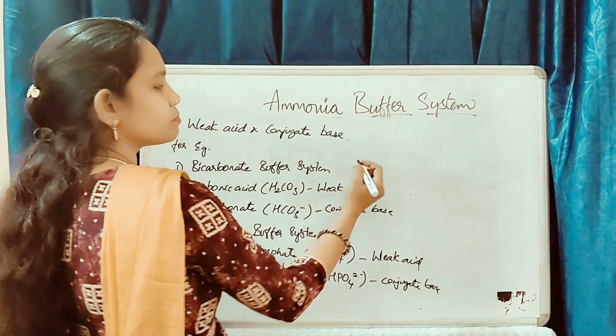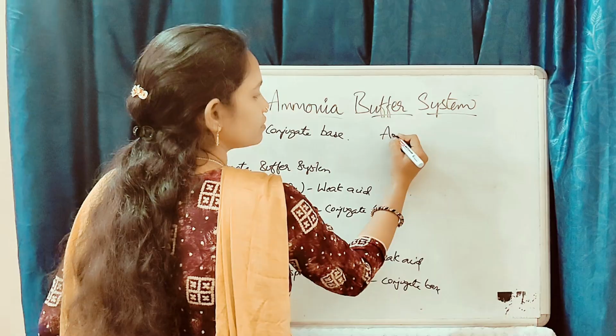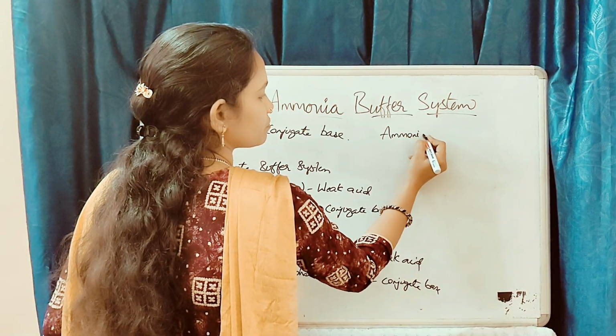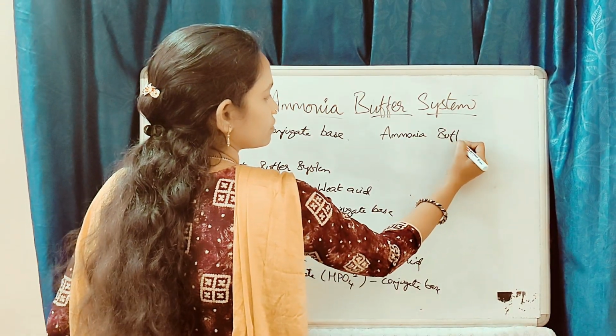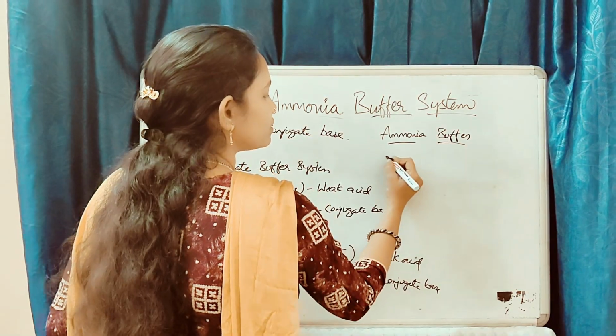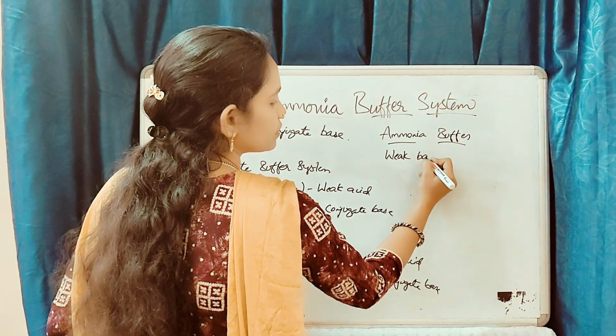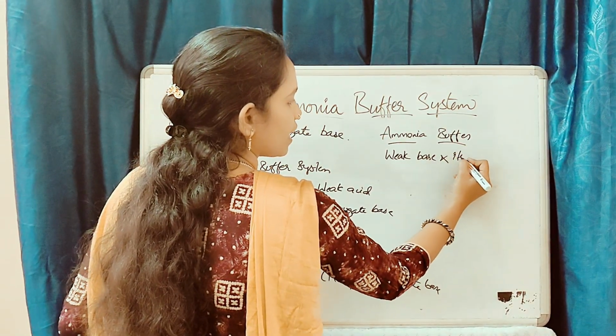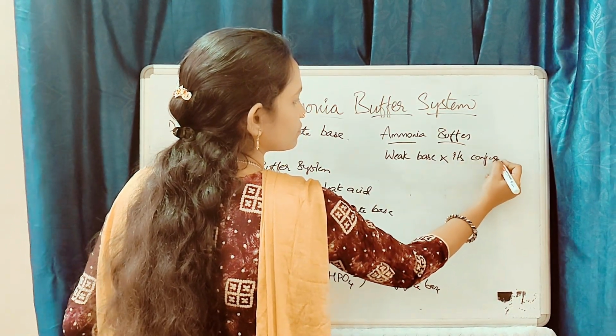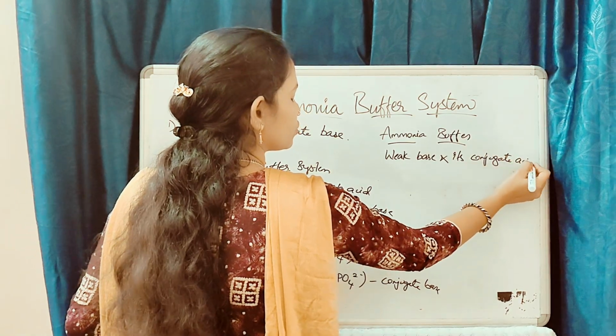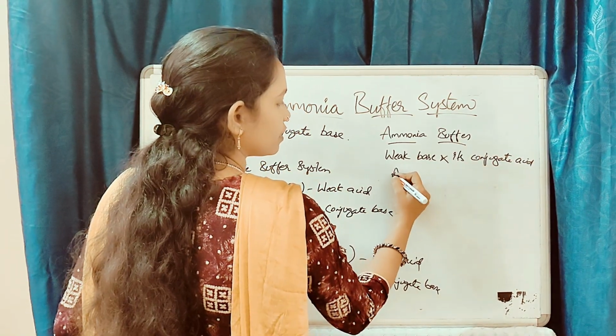Now in the ammonia buffer system, what is the combination? Here we see the combination of a weak base and its conjugate acid. What is acting as a weak base? Ammonia.